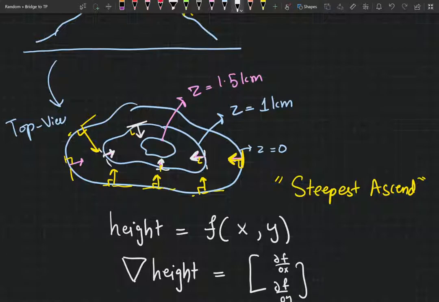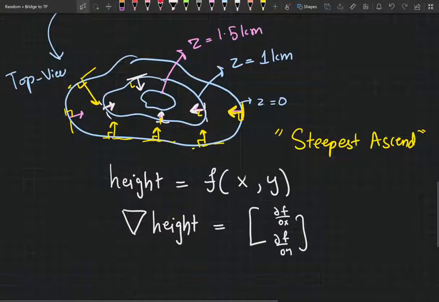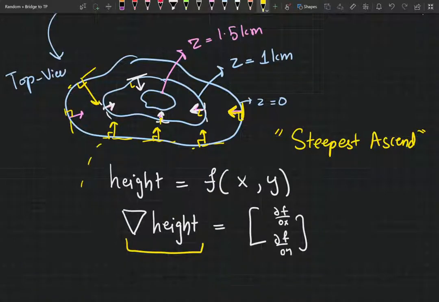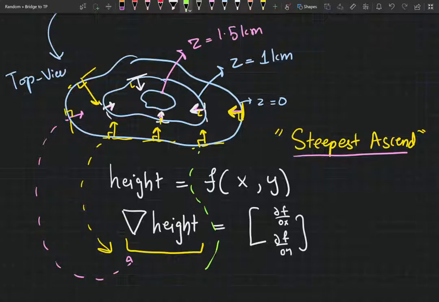And if you take the gradient at any given point, that's going to show you in which direction your steepest ascent is. That's the direction in which you're going to step if you want to climb the mountain fastest.